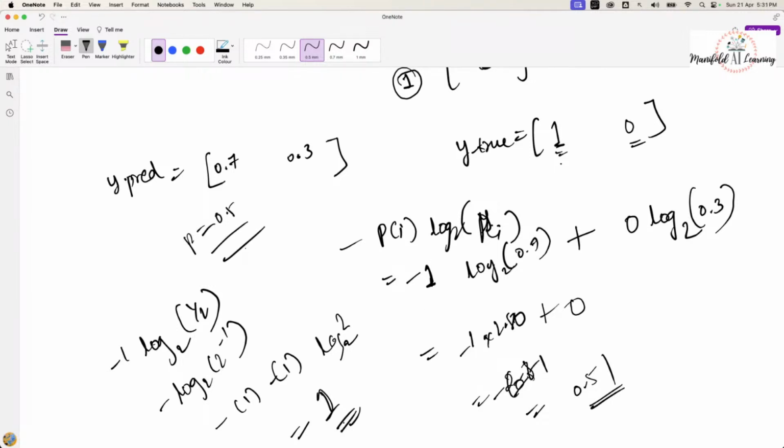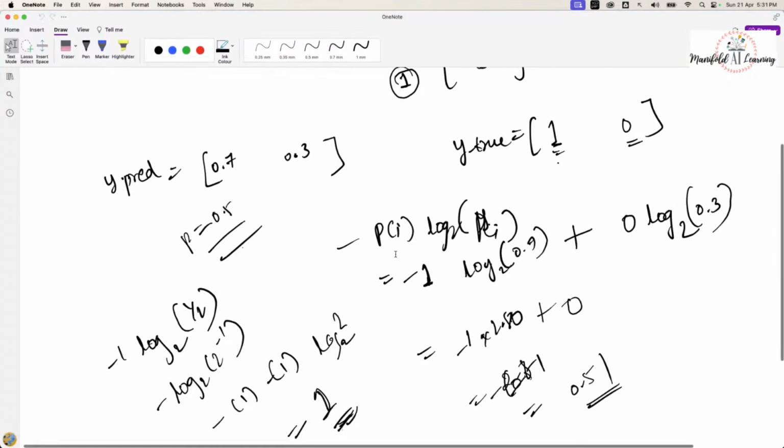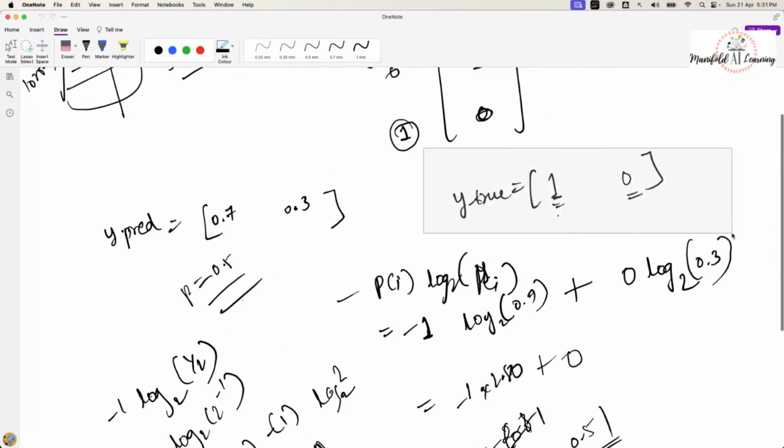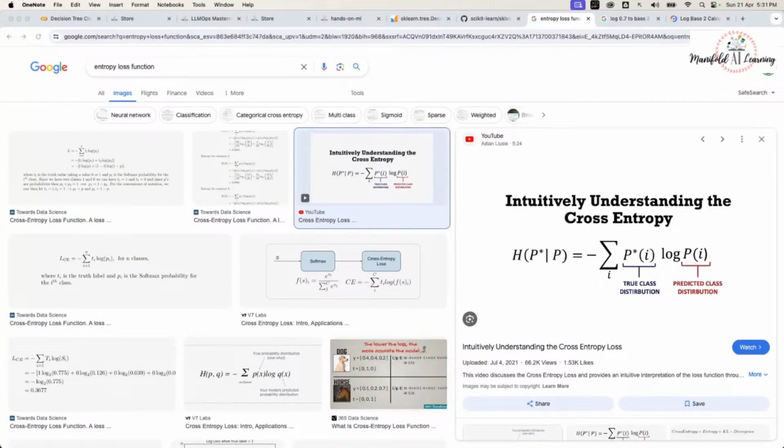This is how we'll be calculating the entropy for the given data set, by comparing the y true probability with the help of y pred. The entropy will be maximum when the value of p is equal to 0.5. So that's how we'll be calculating.